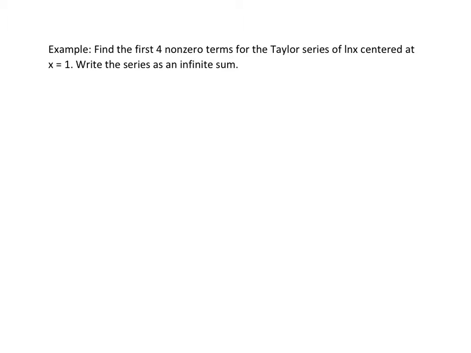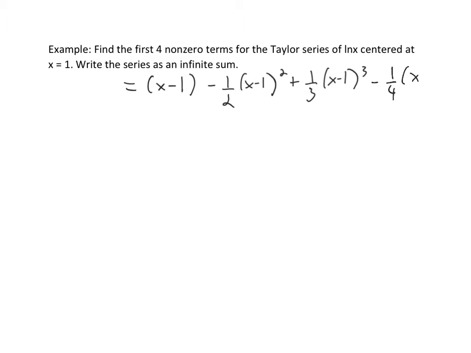But for the series, the first four non-zero terms would be the same thing as the first four of the polynomial, which would be x minus 1, and then minus 1/2 (x minus 1) squared, plus 1/3 (x minus 1) cubed, and then the fourth term, minus 1/4 (x minus 1) to the fourth.